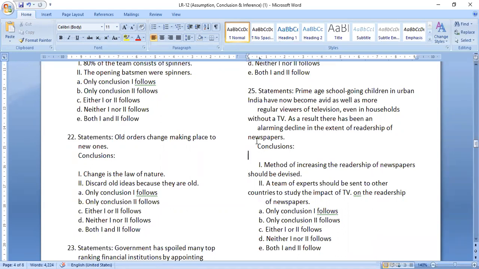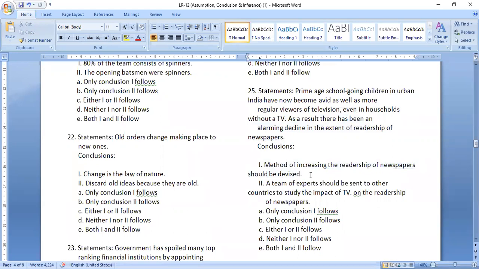So what you say is that "as a result" is seen as incidental. It's not the main argument. The main argument is that most children in urban India have now become avid viewers of television, and as a result, there has been an alarming decline in the extent of readership. So the conclusion being the method of increasing the readership of newspapers should be devised.